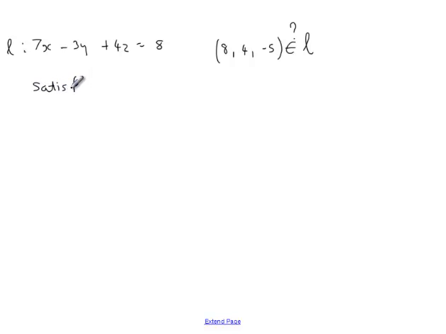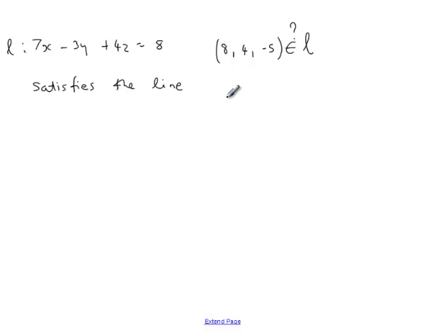Satisfies the line. This is a fancy kind of language. You must try to translate it into your understanding. What does it mean for a point to satisfy a line?